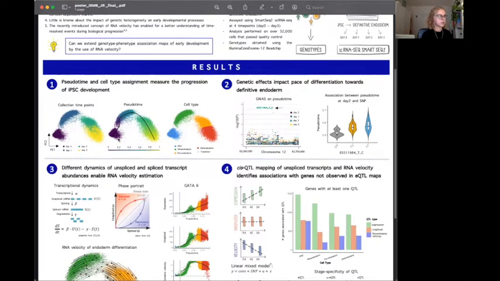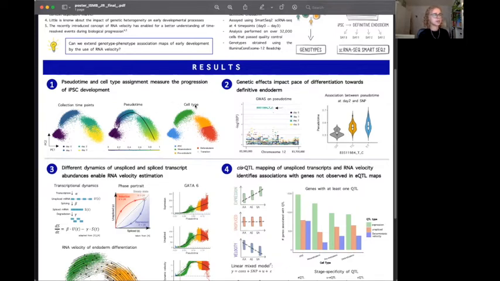Then afterwards, we draw a principal curve through all of these cells and map the cells back onto this principal curve. And this ordering then is what I call a pseudo-time from now on.